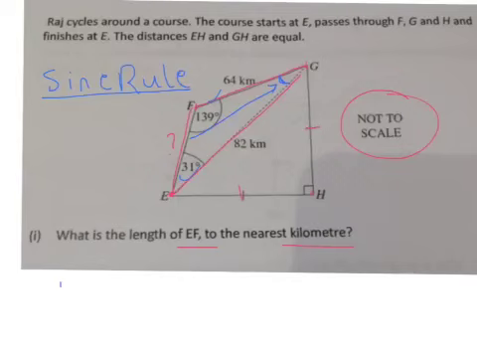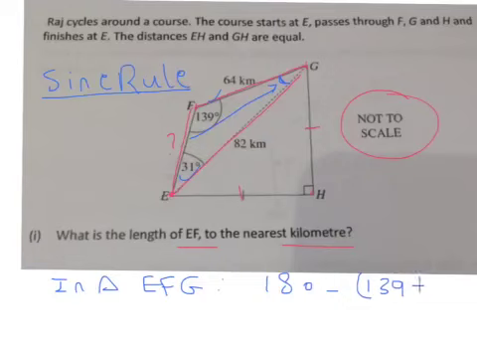So in triangle EFG, we have 180 take away the sum of the other two angles, 139 plus 31 degrees. This will give you 10 degrees. Therefore, the missing angle here is 10 degrees.